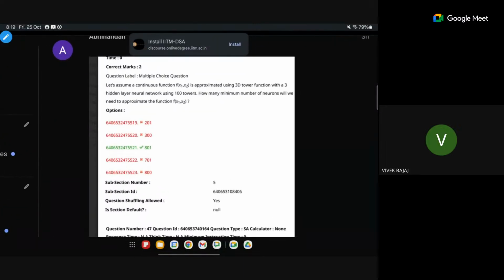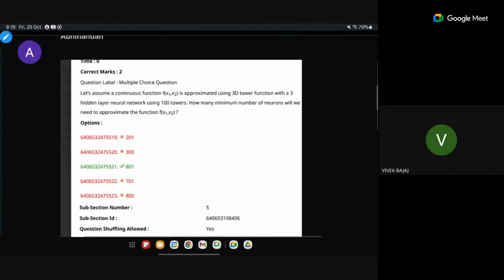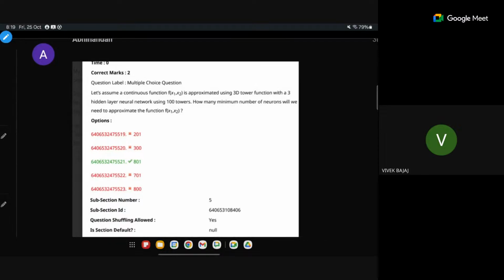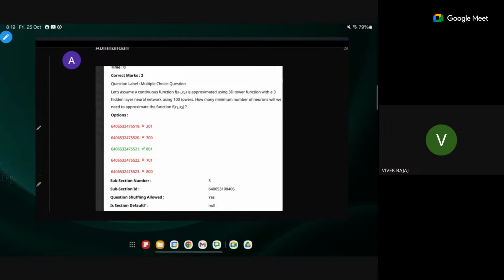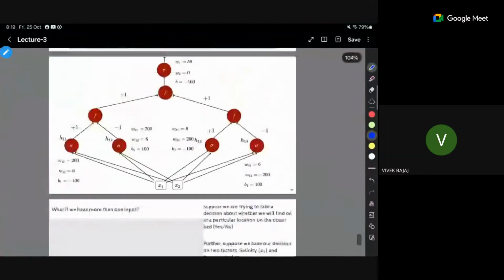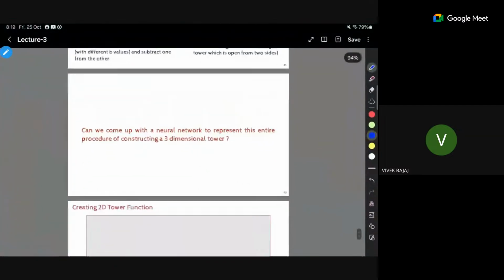So there is one or two confusions which might happen related to the words used in the course. First of all, when we have two inputs, we call it 2D. Two kinds of inputs means a 2D tower function.